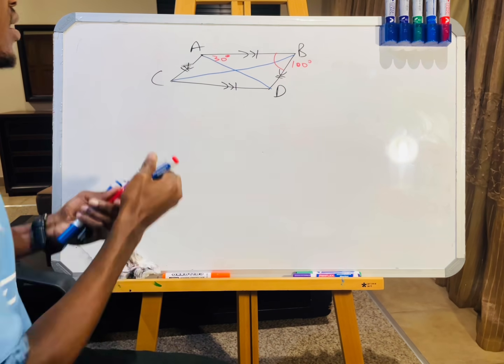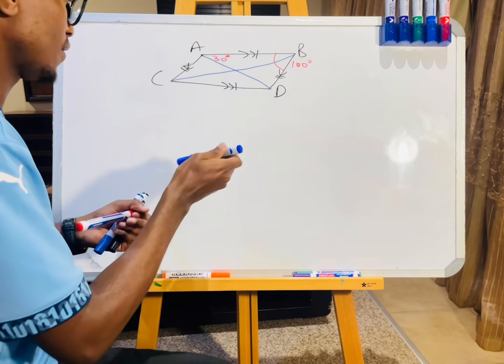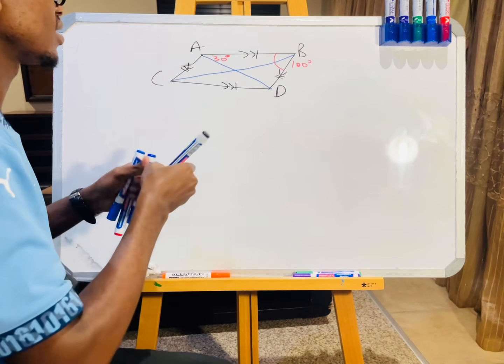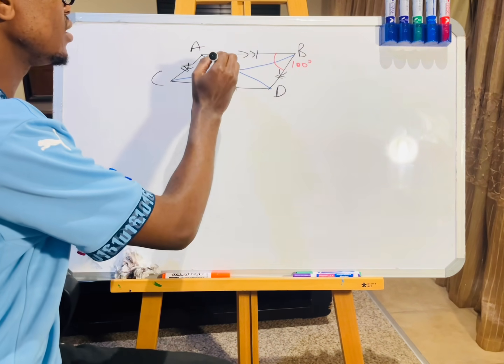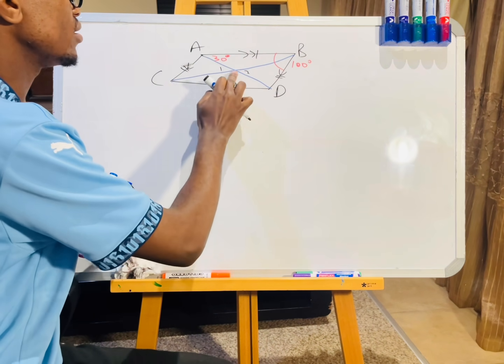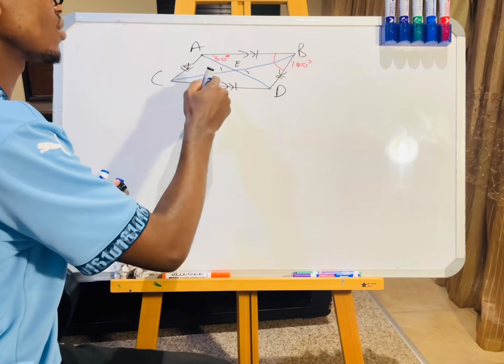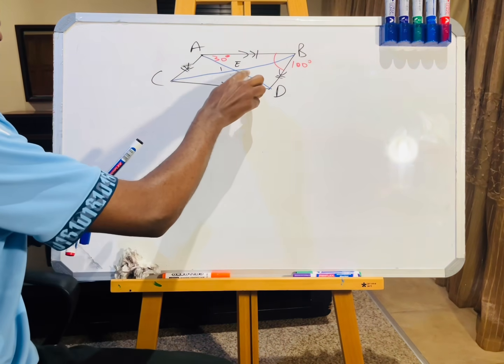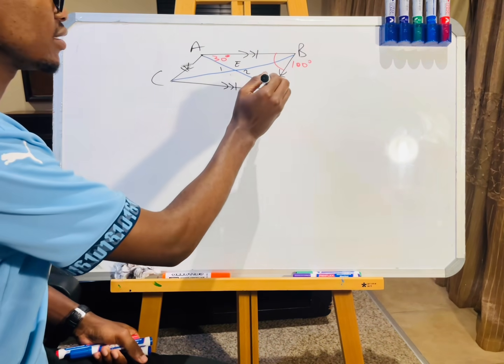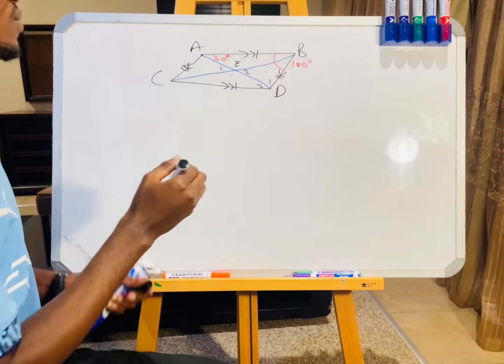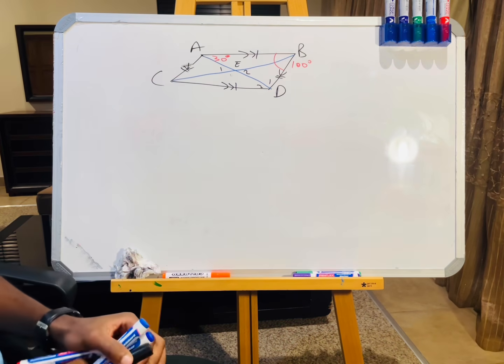And then here you are having E, I'll put the midpoint as E. So you have E1 and E2, and this is like D1 and D2. That's what we are having.